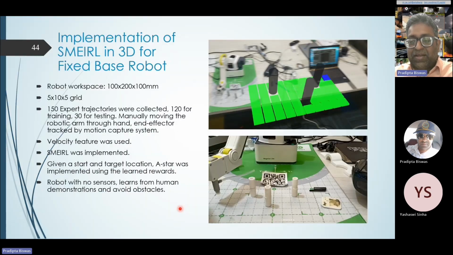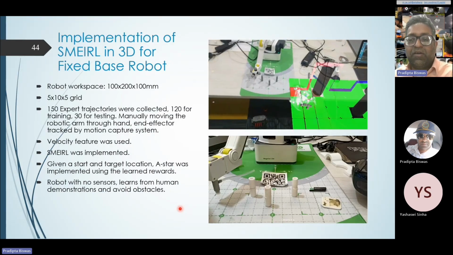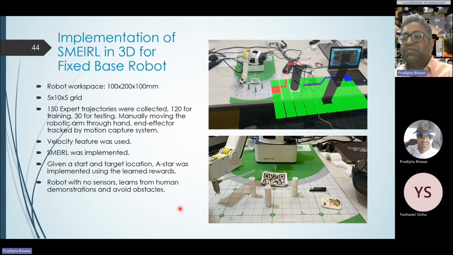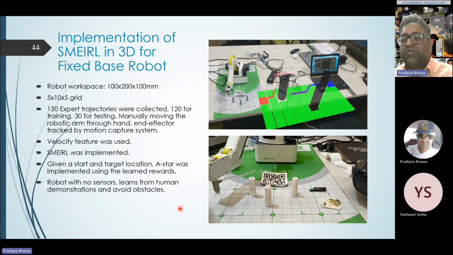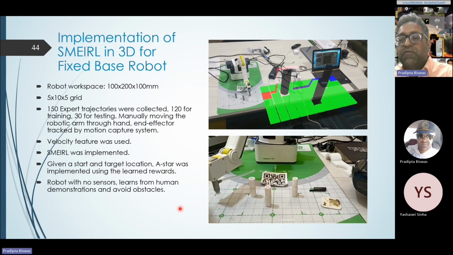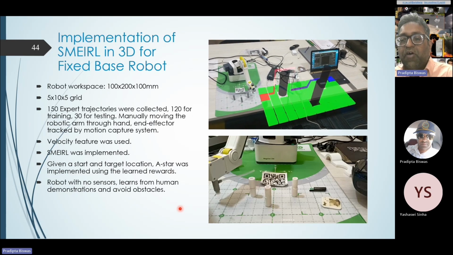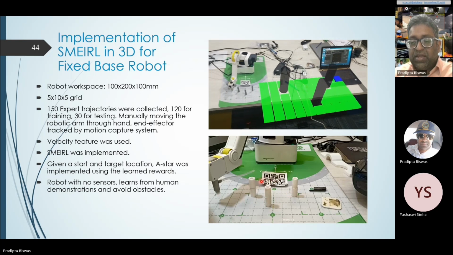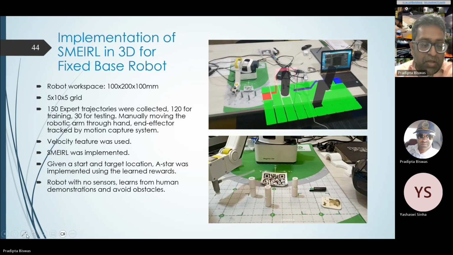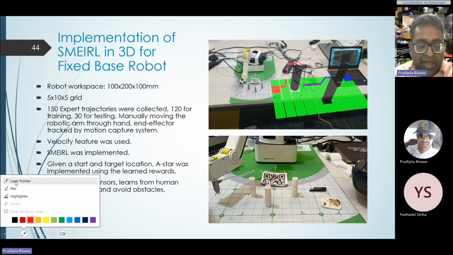Here you can see one example, where we learned some reward distribution by giving some examples to this fixed base bot. And then, without using any computer vision, it learned to avoid these physical bars.